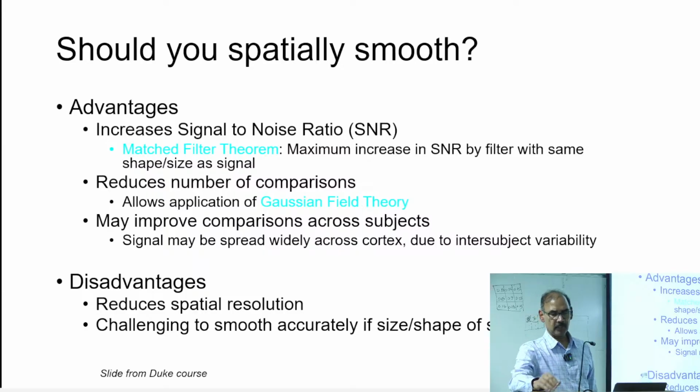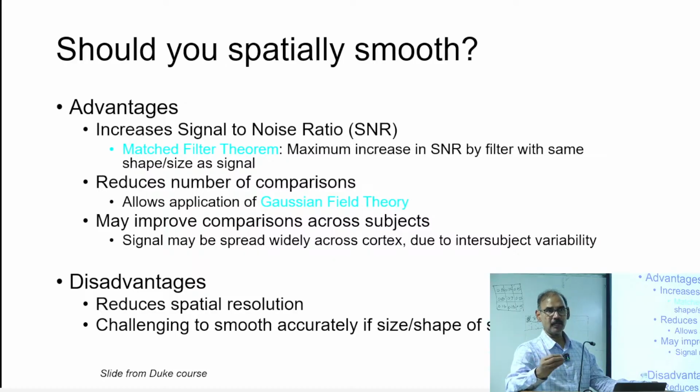It would improve comparisons across subjects, because of the variability across subjects, right? If we don't do any kind of spatial smoothing, whatever individual variability there is across subjects, you may not see those, right? Because different persons' sulcal and gyral patterns would be different.